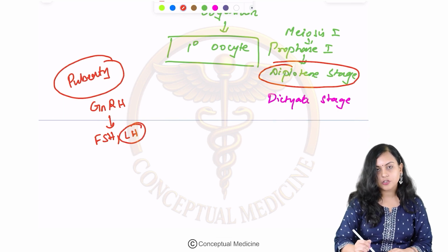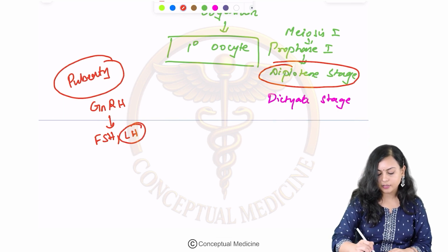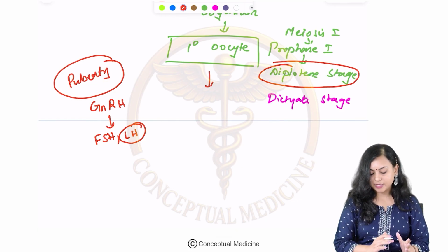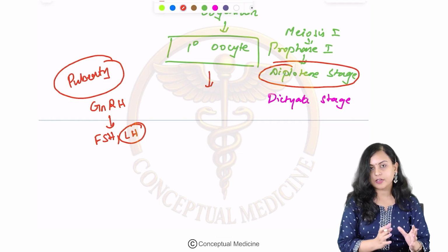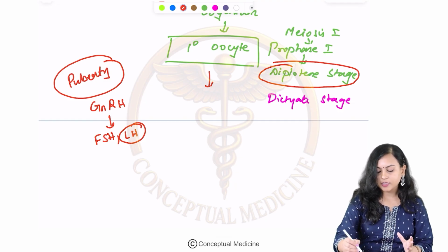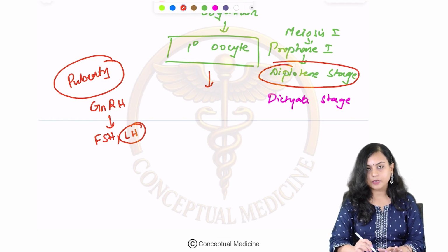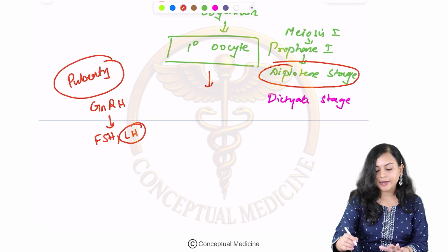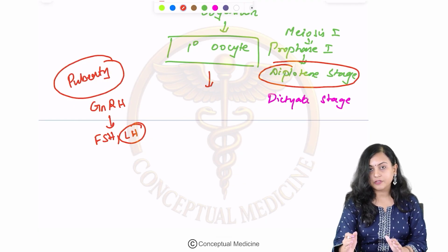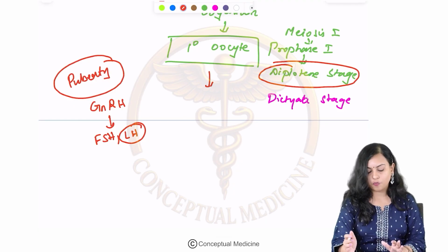Now this LH will help in resuming the meiosis. Luteinizing hormone helps in resuming meiosis 1, and this meiosis 1 will be completed 4 to 5 days before ovulation.